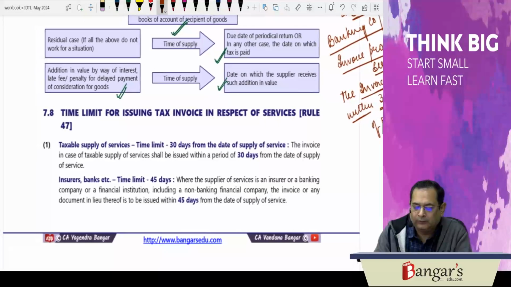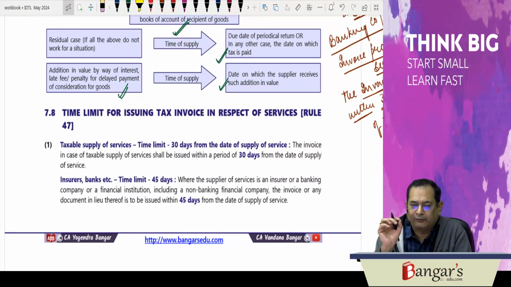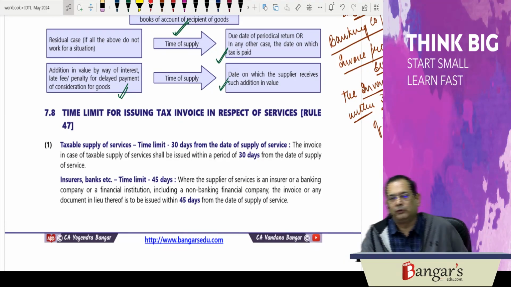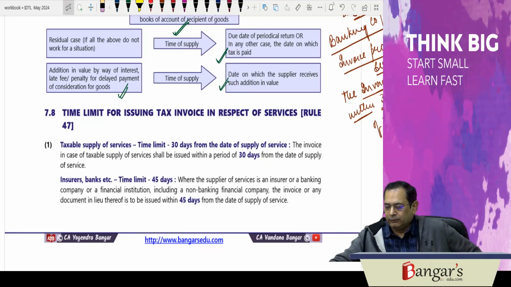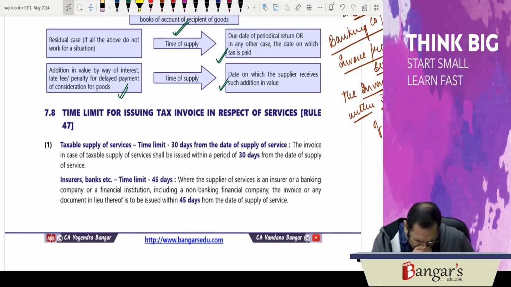So basically, in case of taxable supply of service, the invoice must be issued within 30 days from the date of supply of service.